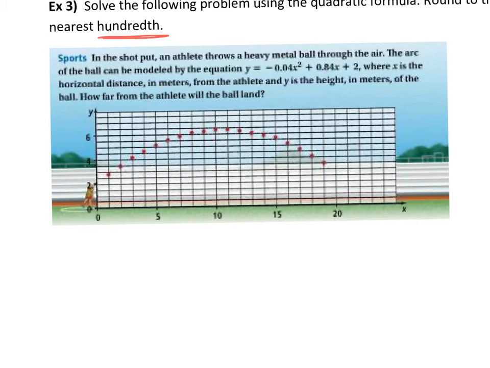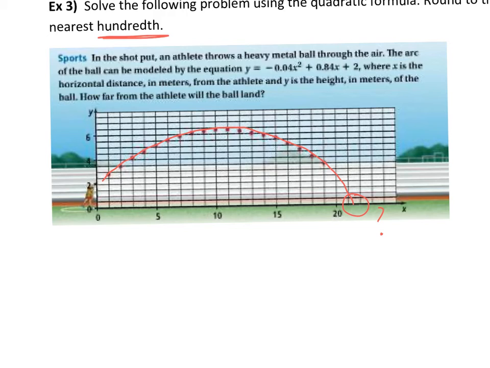How far from the athlete will the ball land? Okay, so for those of you who are missing out on your track season right now, that's what this is. It goes up, you're just throwing a little ball, and it comes down. And our question we're trying to figure out is, how far out does it land?